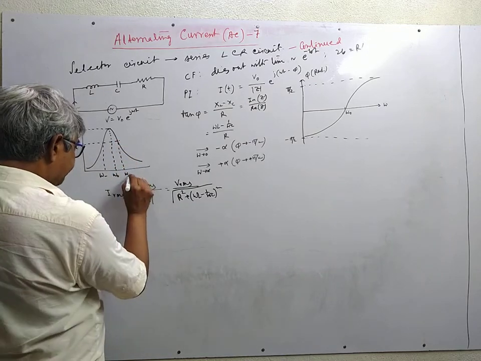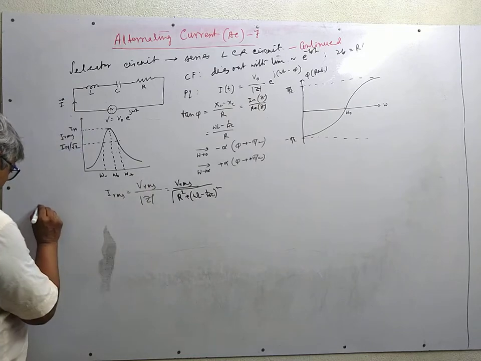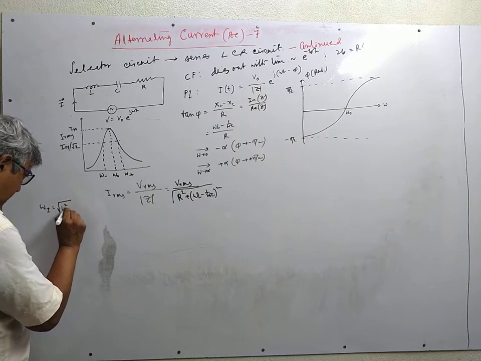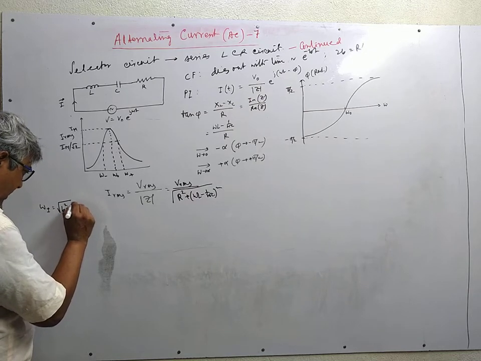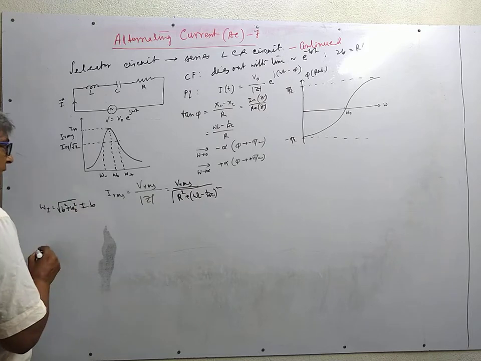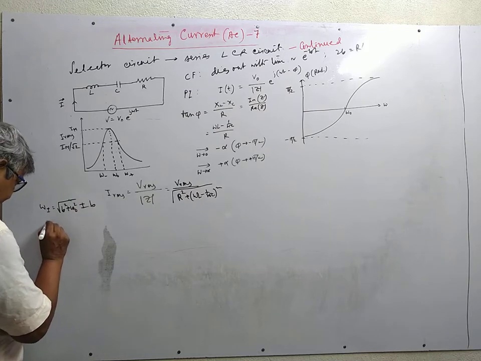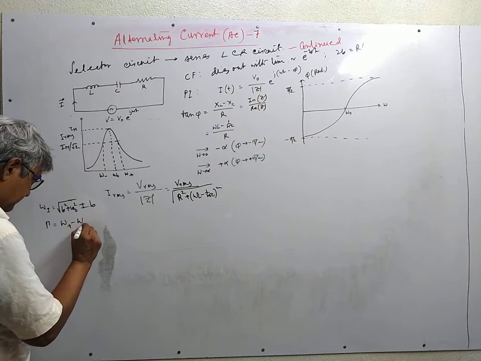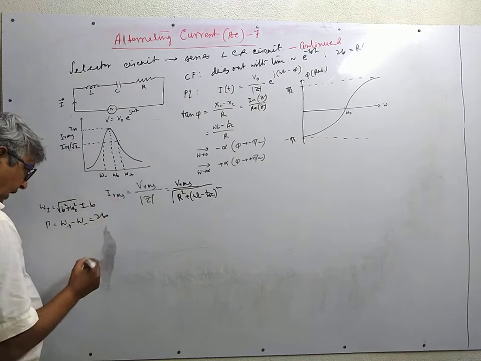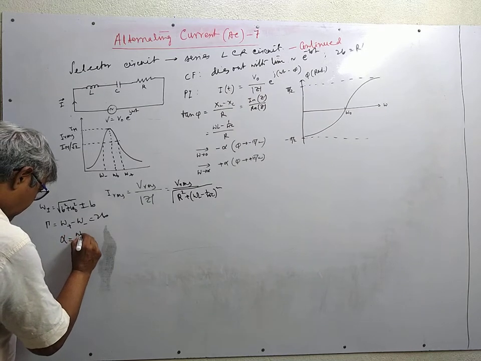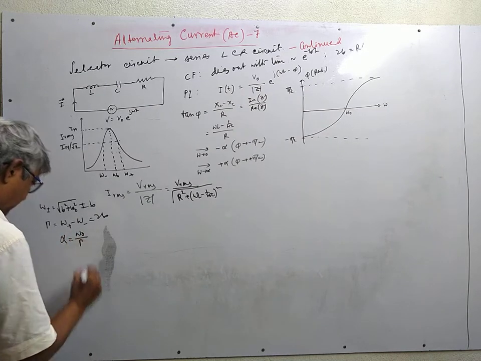Omega plus minus was obtained as the square root of b square minus omega 0 square, plus minus b, and we define the bandwidth, and Q factor was defined as omega 0 by tau.